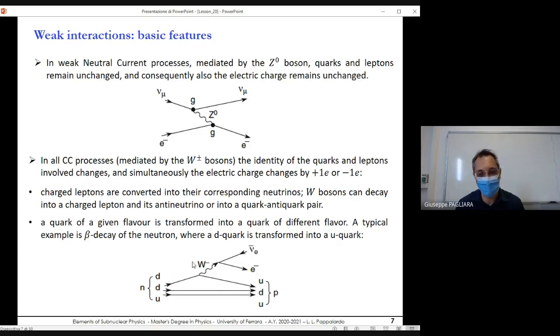So this is the way, at the microscopic level, or the quark level, that the beta decay works. We have a transmutation of quarks from one flavor to the other, and so of course there is a change of electric charge by 1 unit, from minus 1/3 to plus 2/3.